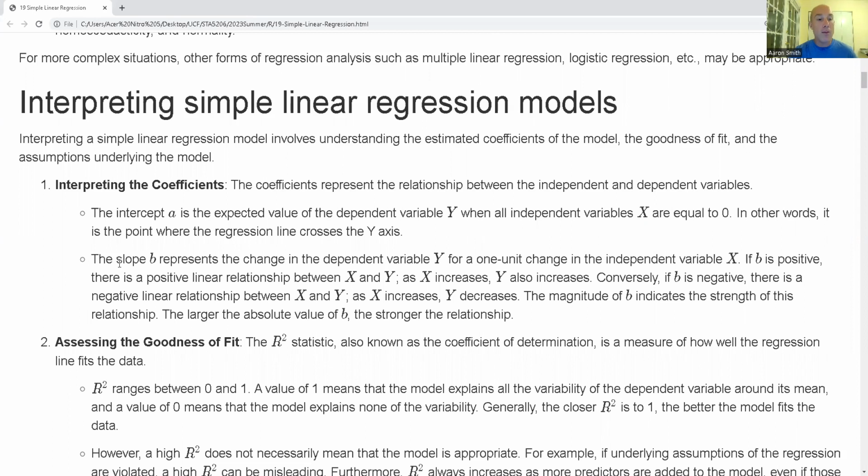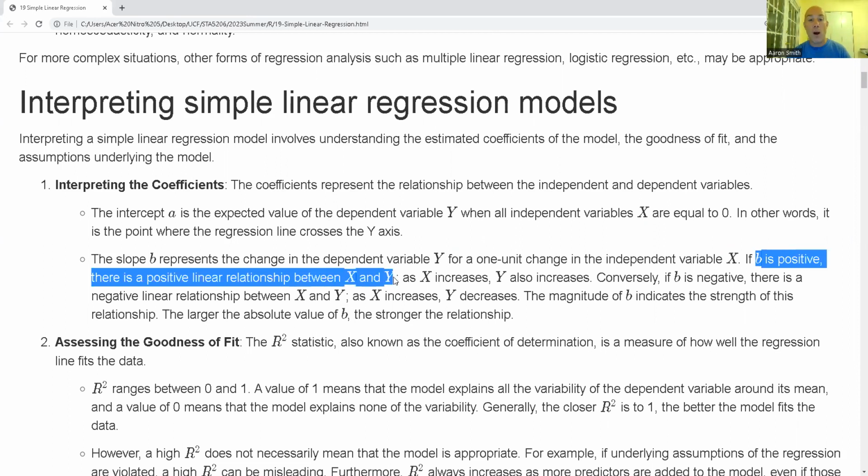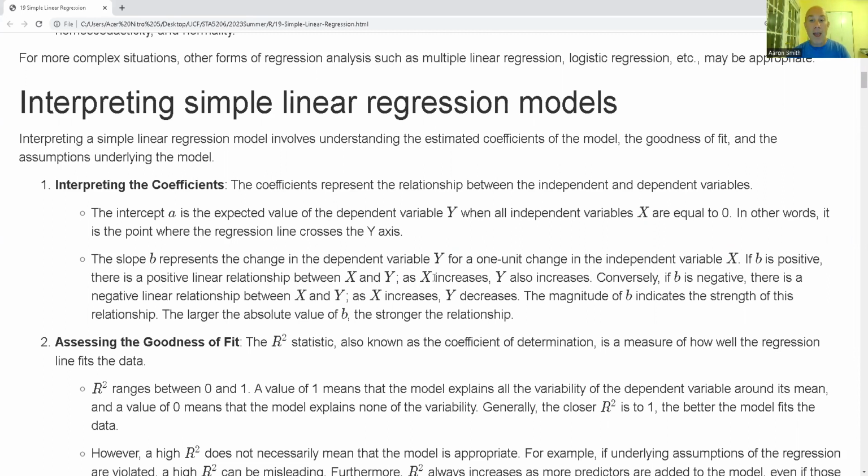Next one we're going to look at is the slope, which represents the amount of change on average that we'll have in y when I increase x by 1. If b is positive, there is a positive linear relationship between x and y. So when b is positive, as x increases, y also increases on average.